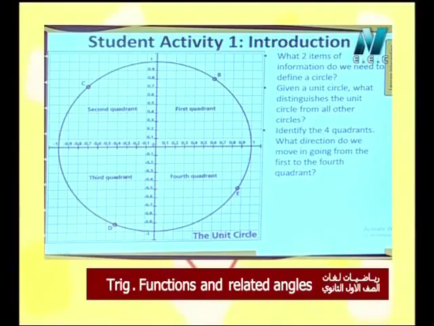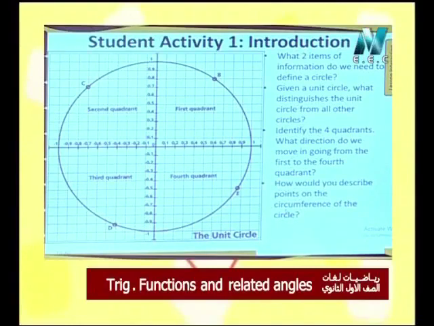Identify the 4 quadrants. What direction do we move in going from the first to the 4th quadrant? We have here 4 quadrants. That is the first quadrant, 2nd quadrant, 3rd quadrant, and 4th quadrant, in the anti-clockwise direction.